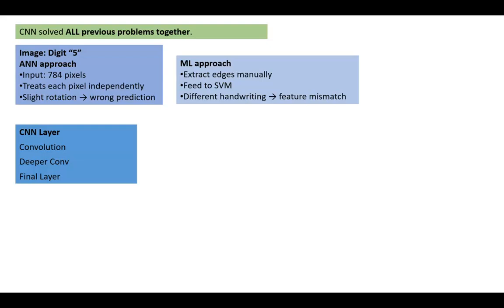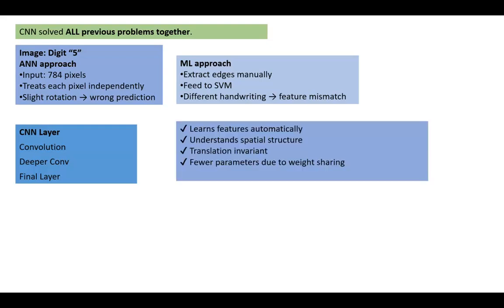Whereas CNN has a convolution layer, deeper convolution layers, and a final layer which can learn all the features automatically. It understands the spatial structure. It possesses translational invariance, and it needs only a small number of parameters due to the concept called weight sharing.